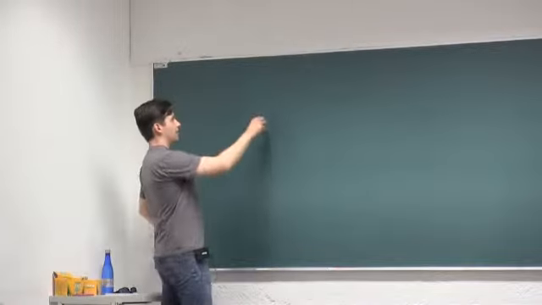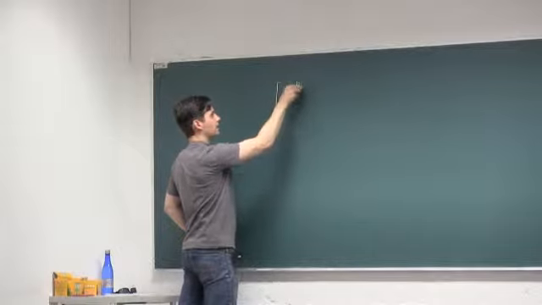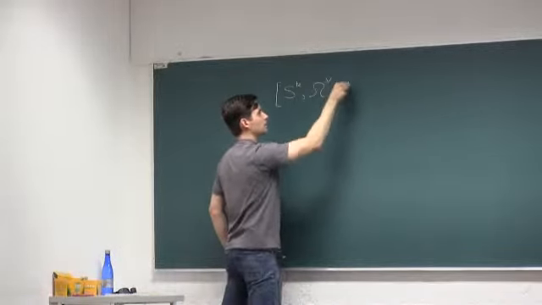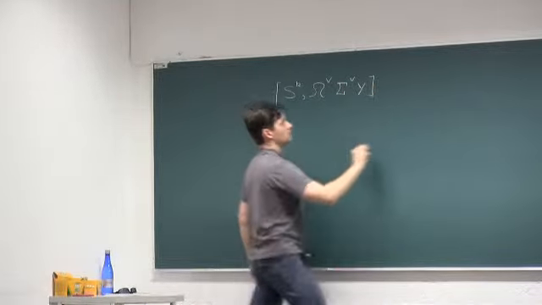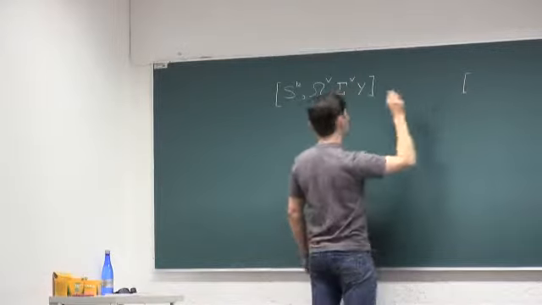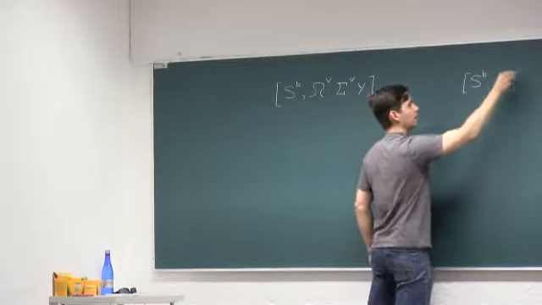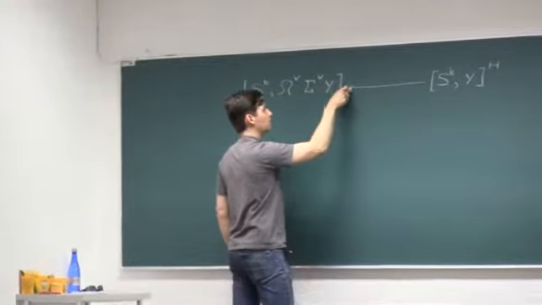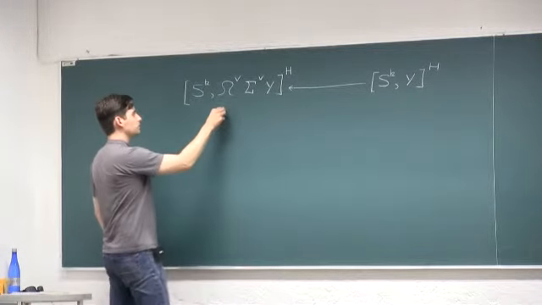All right, so where we left off, I wanted to look at maps from S^K into Ω^V Σ^V Y, versus, I'm apparently writing this diagram backwards, S^K into Y. And I wanted to know, when is this map an isomorphism?